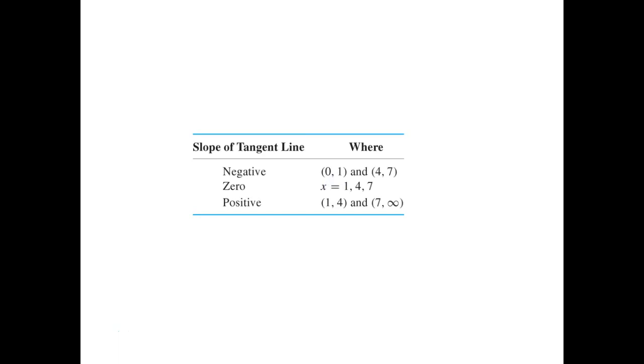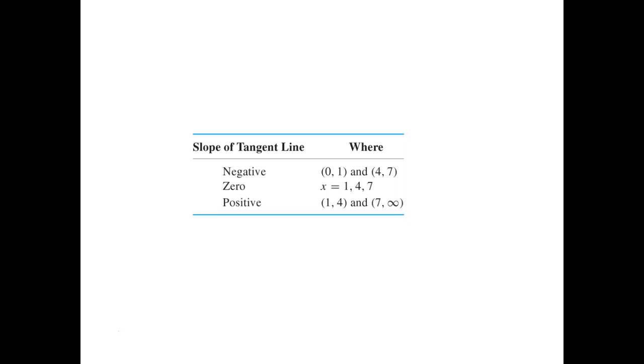But what we saw here: you had negative slopes of the tangent line at the very beginning, 0 to 1, and again from 4 to 7. You had zeros of the slope of the tangent line at 1, at 4, and at 7.